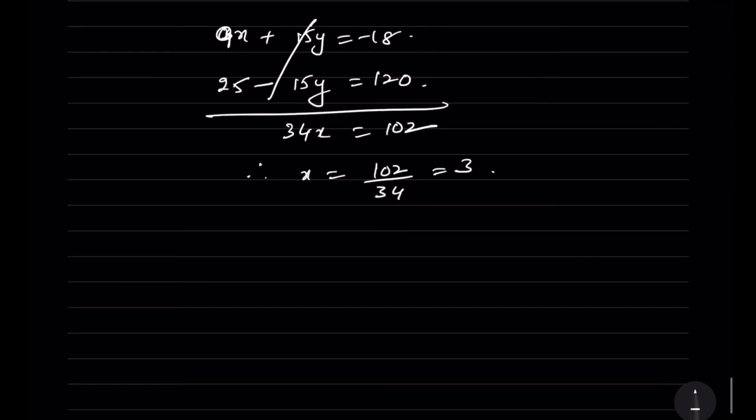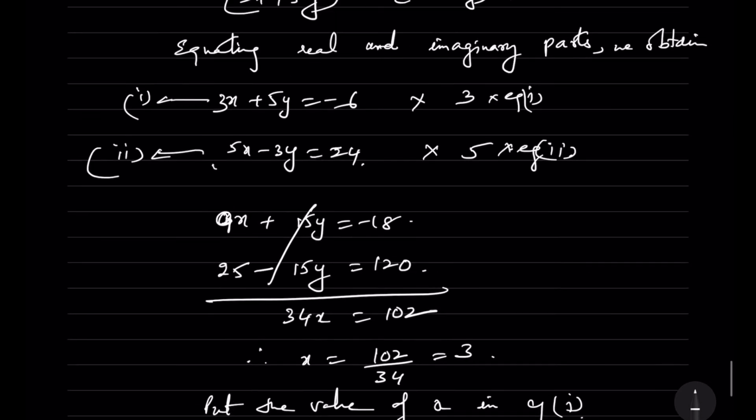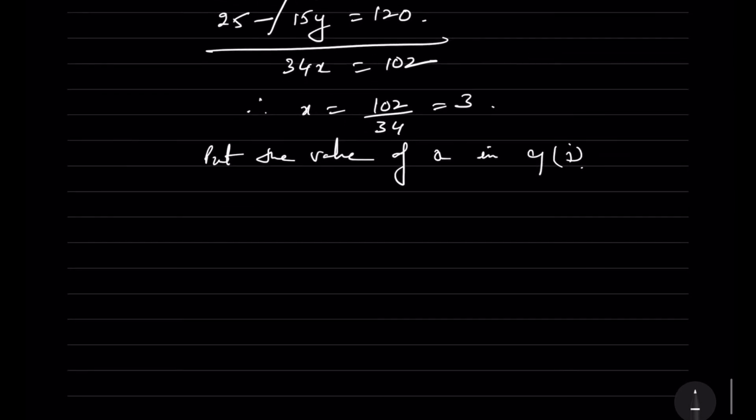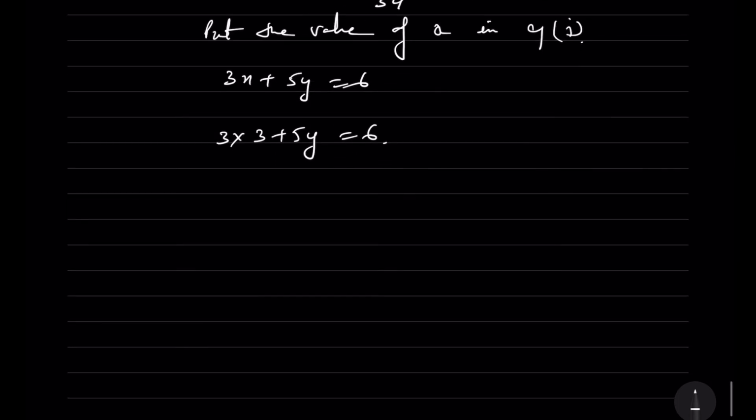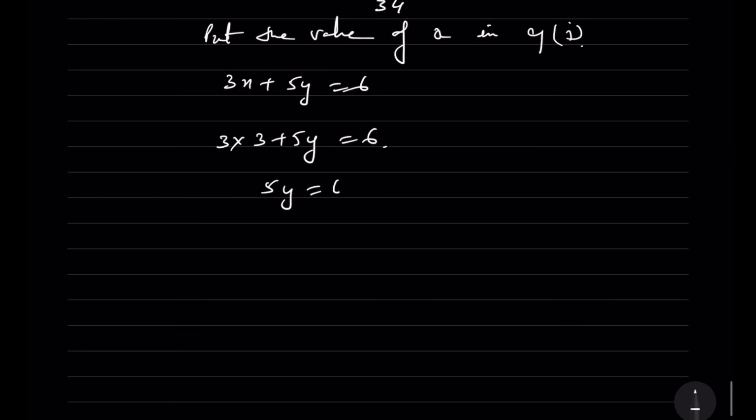So putting the value of x in equation 1, what do we get? What is the equation? 3x plus 5y is equal to 6. So it's just 3 into 3 plus 5 into y is equal to 6. So you're getting here 5y is equal to 6 minus 9, which is equal to minus 3.